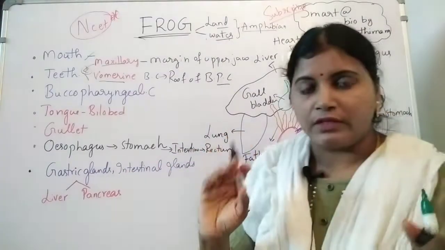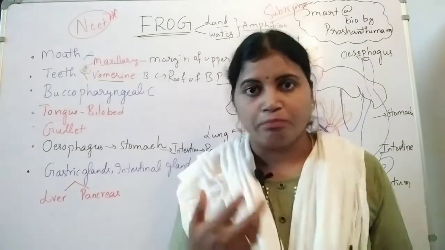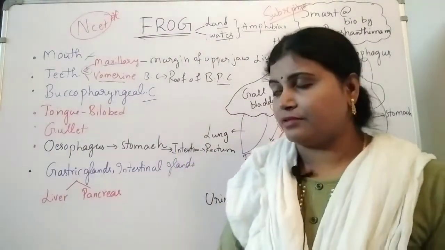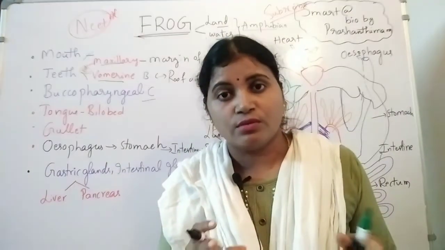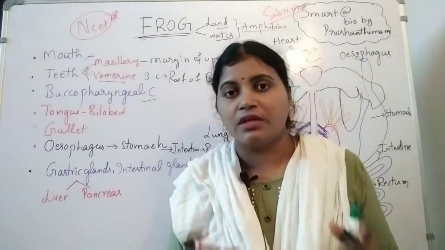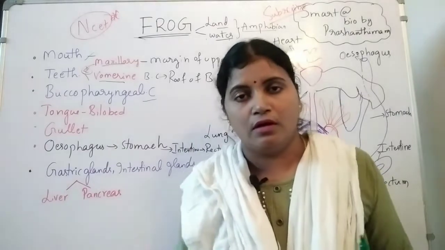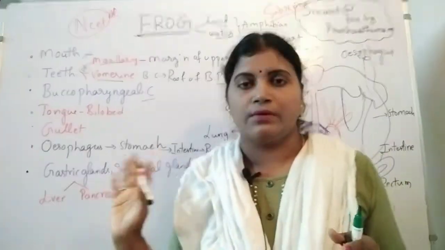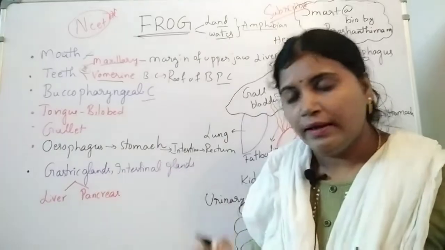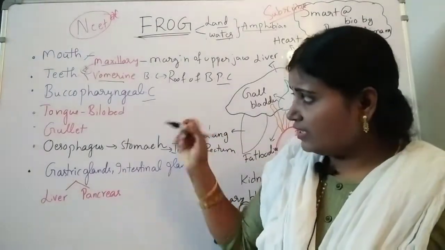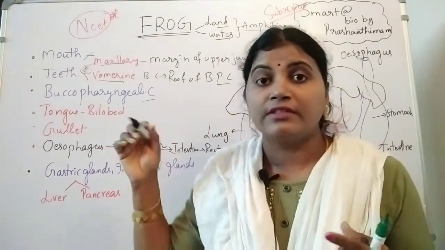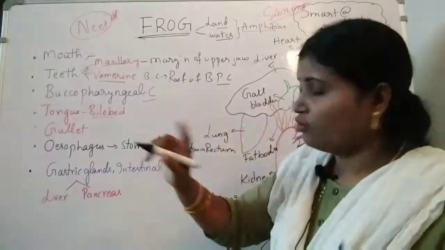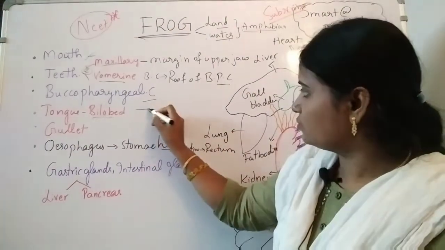The two types of teeth are responsible for mastication. Also, the buccopharyngeal cavity is responsible not only for digestion, it also plays a very important role in respiration. Next, after the teeth, the buccopharyngeal cavity contains the tongue. The tongue is a bilobed structure.